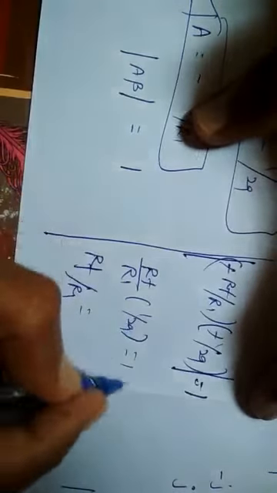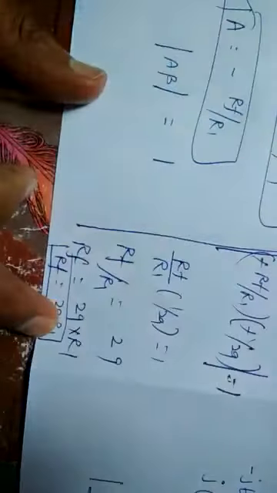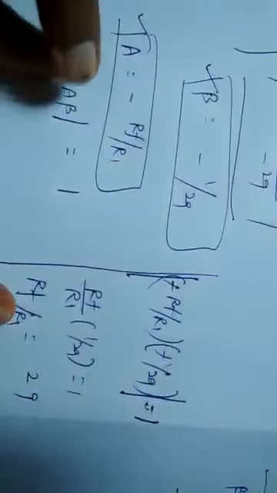If you move to the right hand side, it will be only 29, and RF equals finally 29 into R1. So RF equals 29 R1. If we choose RF equals 29 R1, then you'll be able to get A beta equals 1. I'm proving it.